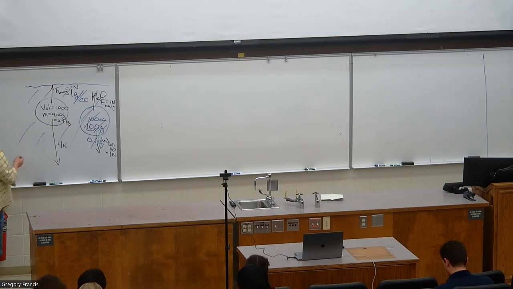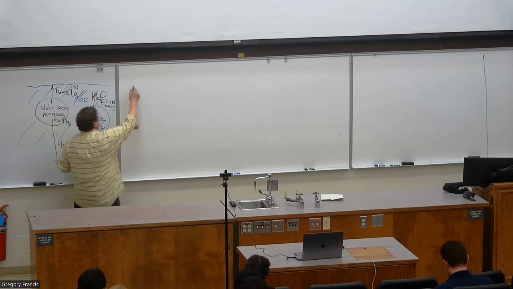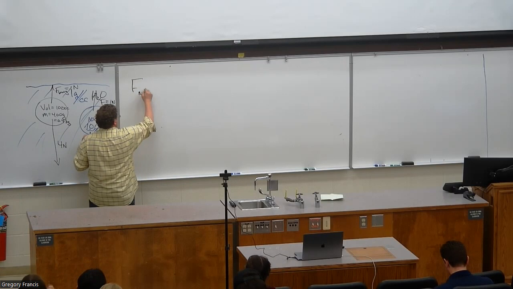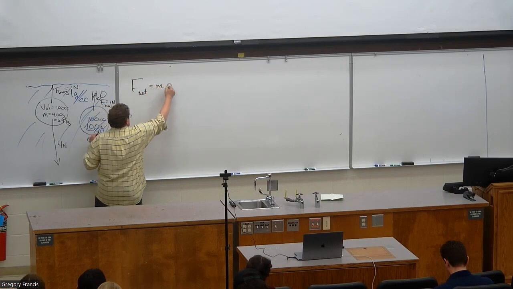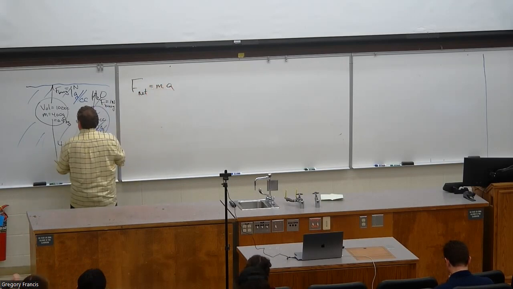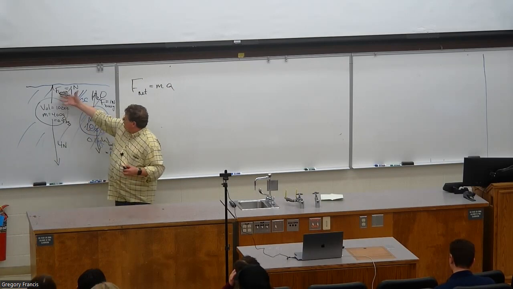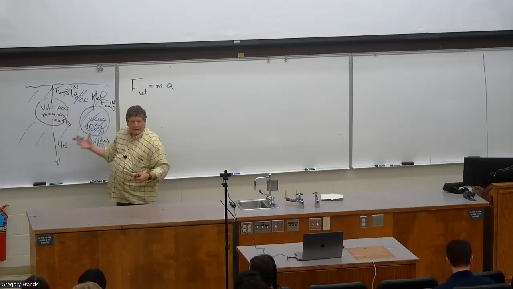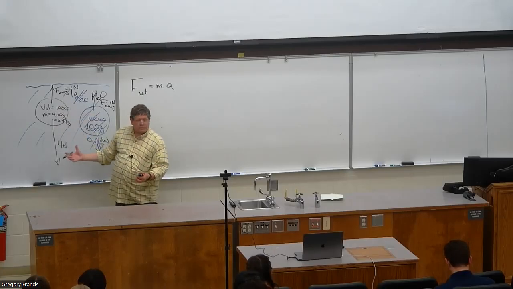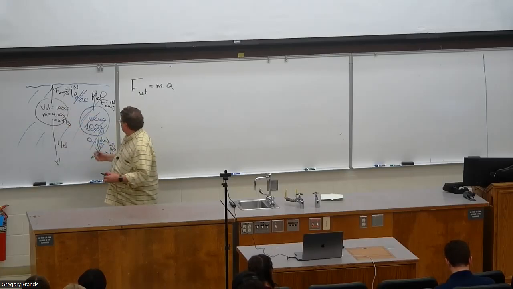So now, if I use Newton's second law, I have 4 newtons down, I have 1 Newton up. That's a net or unbalanced force of 3 newtons down.